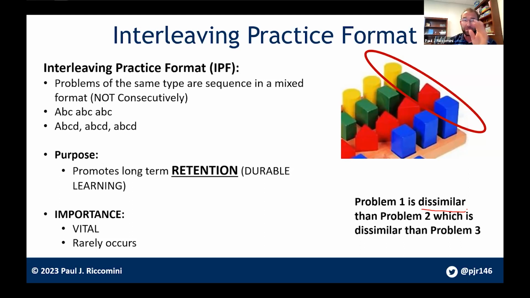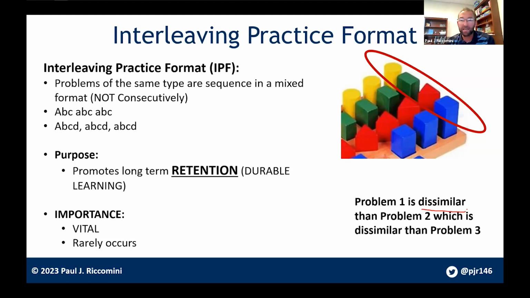Now, like was mentioned in the chat before, how much blocked? That's the $1 billion question. Nobody knows. And I actually don't really think there is an answer to that. It just depends on the kid and whatever the content is you're trying that day. But the other gray area in this research that really can bog down teachers is what's dissimilar.